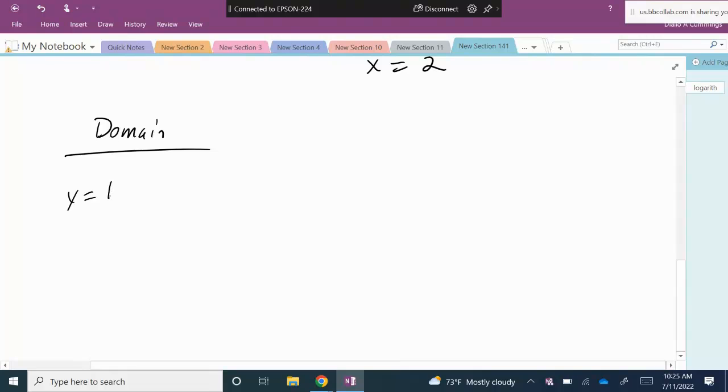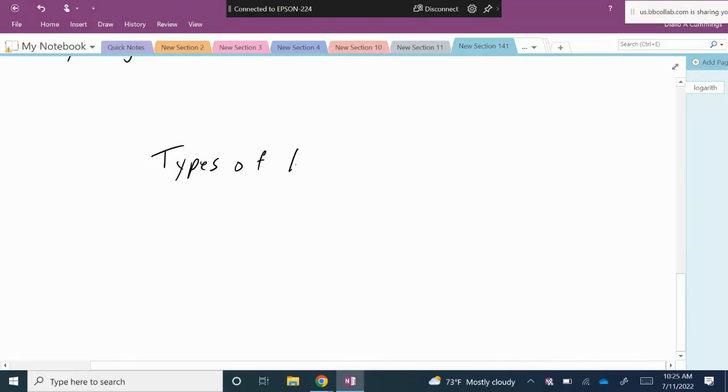So here we give an example, y is equal to the log. So I guess before I actually talk about domain, let's talk about the types of logarithms. So there are two common types of logarithms.